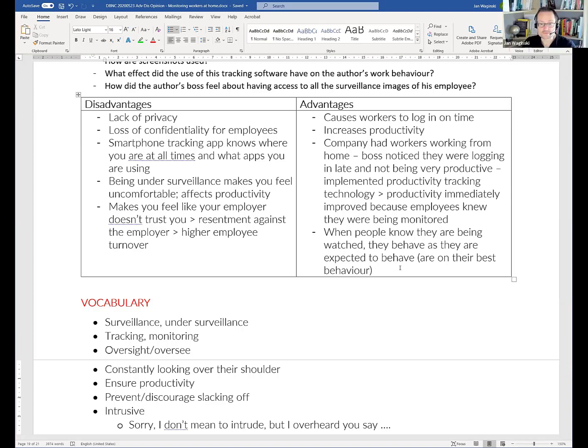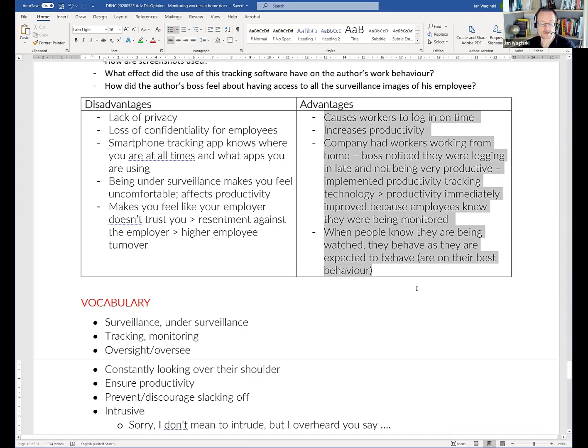That to me seems easier because the arguments on this side are stronger, right? So it doesn't matter how you personally feel about this. I personally would not like to be monitored in this way, but I would understand why my boss would want to do it, right? And they kind of have a right to do so, in a sense, because they're paying you.